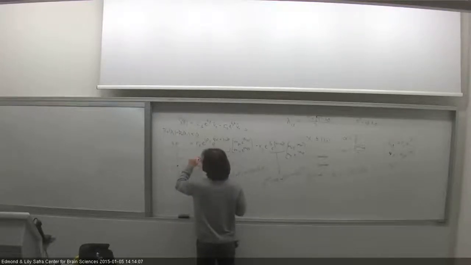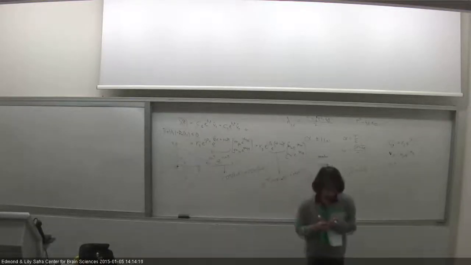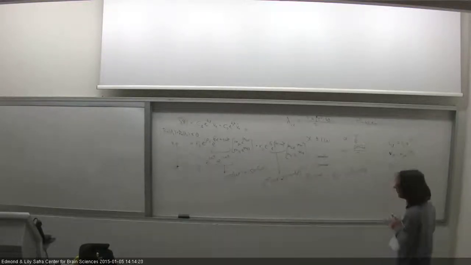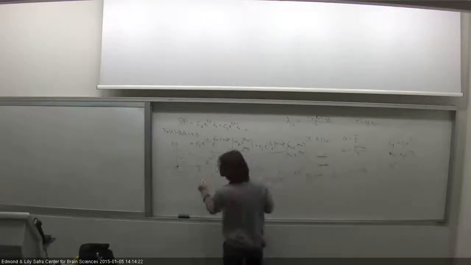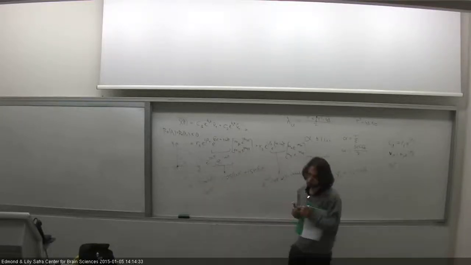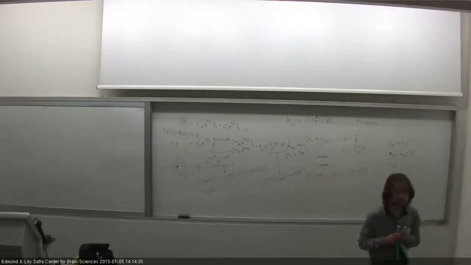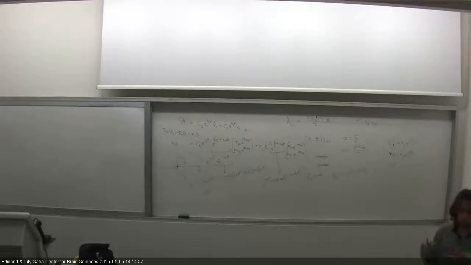Okay? You can have several such trajectories. And this is a stable node with complex eigenvalues. So we call it a stable spiral. We reserve the term nodes for fixed points with no complex eigenvalues.